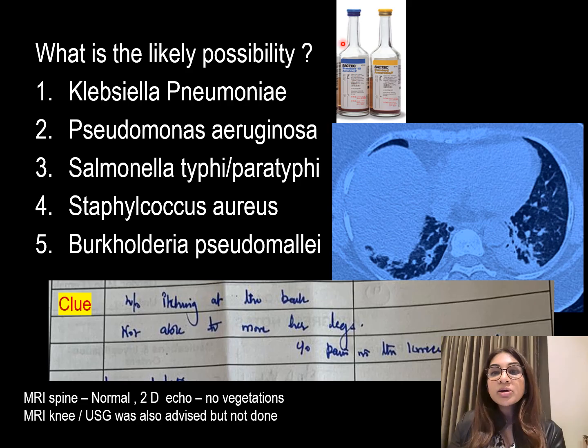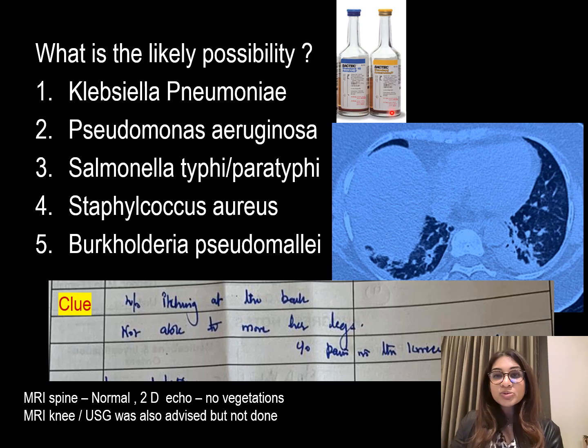We also sent repeat blood cultures, and the CT scan was performed, which showed consolidation in the lung. Now, with this, what do you think is the likely possibility? Well, it's Klebsiella pneumoniae, Pseudomonas aeruginosa, Salmonella typhi, paratyphi, Staphylococcus aureus, Pseudomonas. So these are the various differentials we will think over.